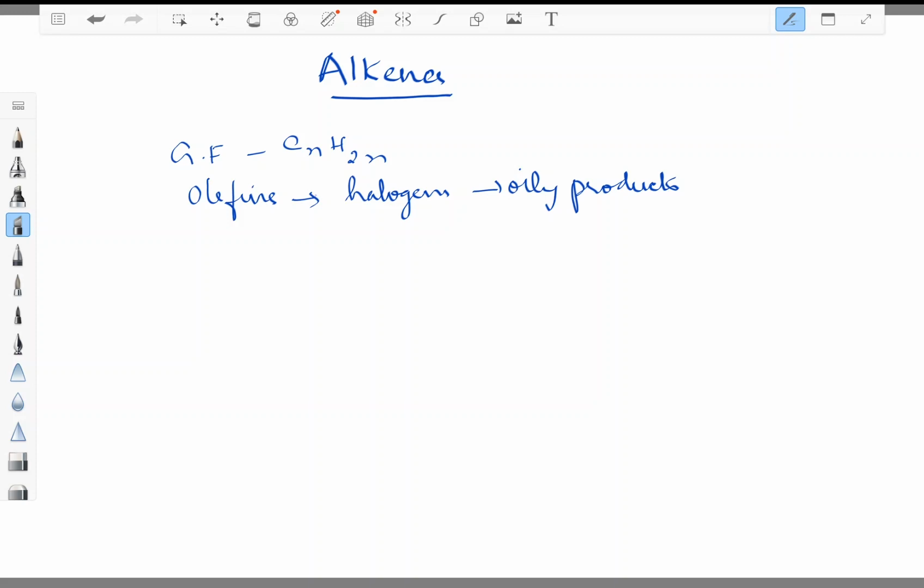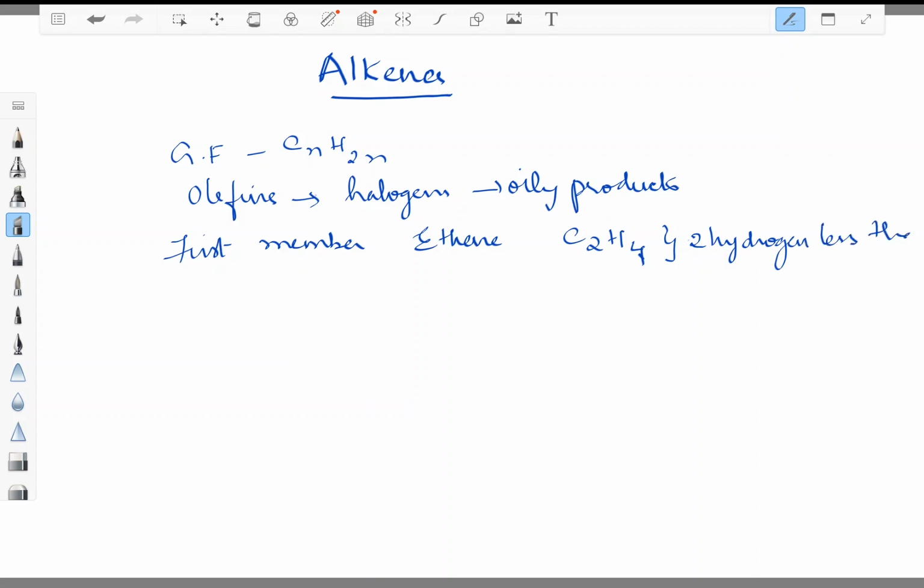We have discussed that the first member of this compound is ethene, which is nothing but C2H4. We have also said that alkenes contain two hydrogens less than alkanes.